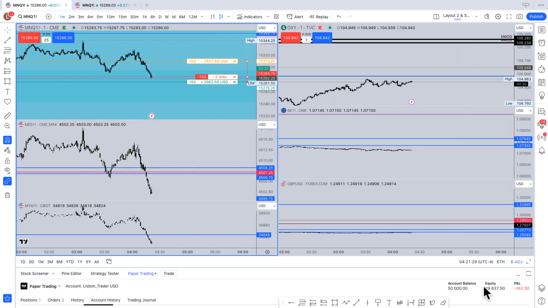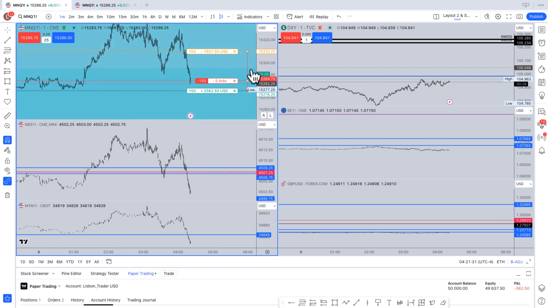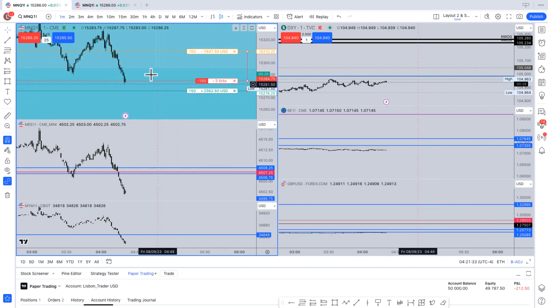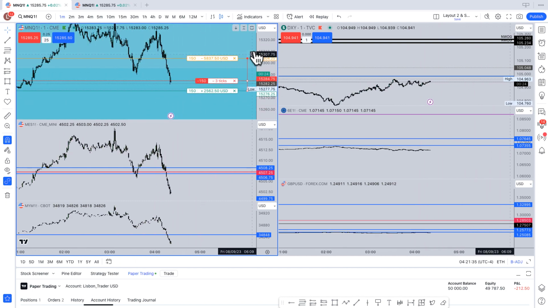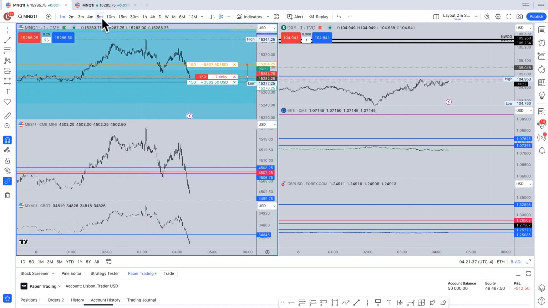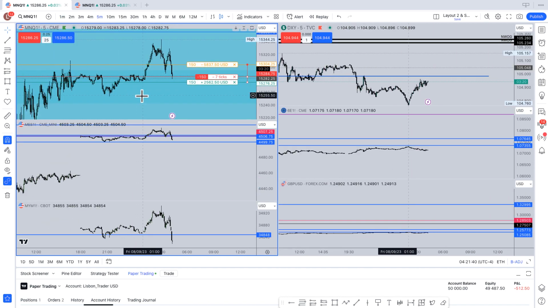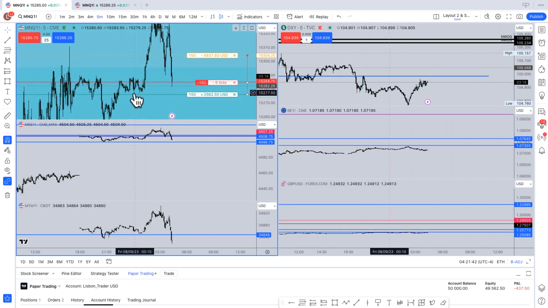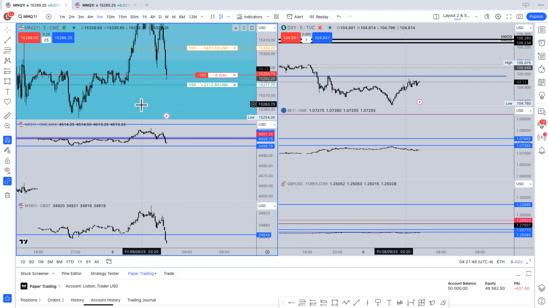You guys keep checking this balance here. So there are sell stops here, so let's push it a little bit.